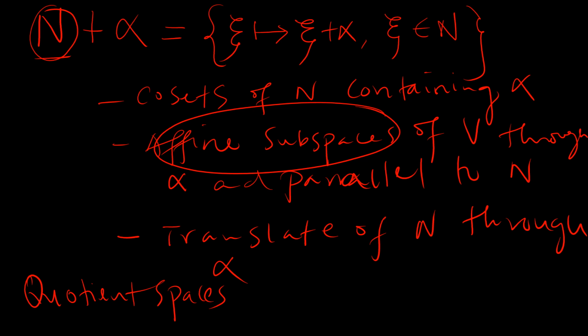So the space created by the addition of these multiple vectors is called a quotient space. And so if N is the subspace that begins the journey, then the quotient space within the vector space V is going to be V/N.